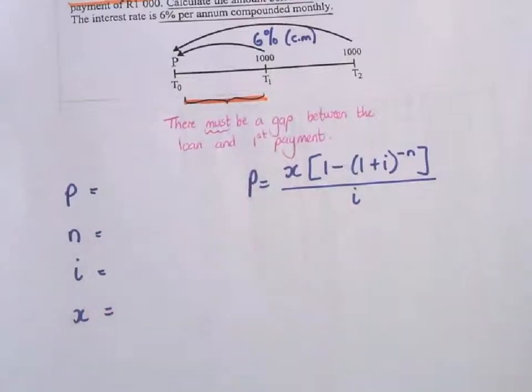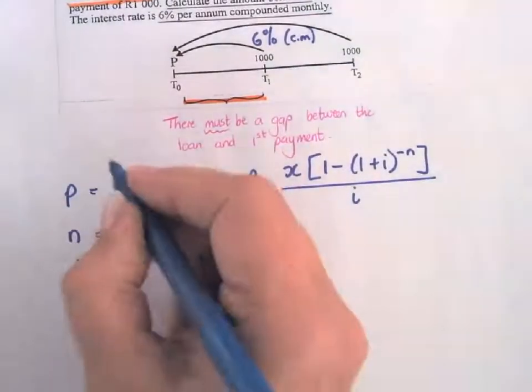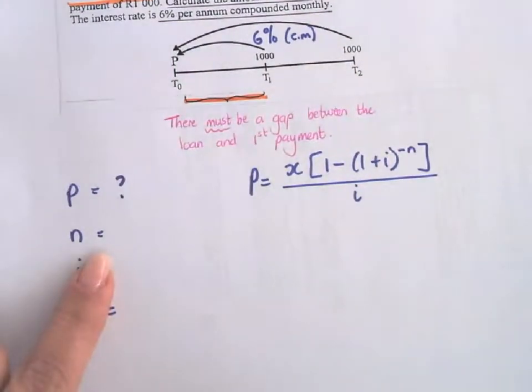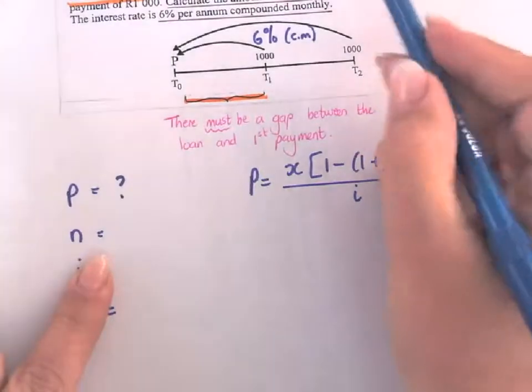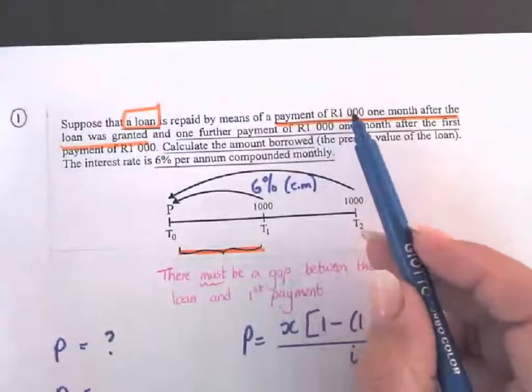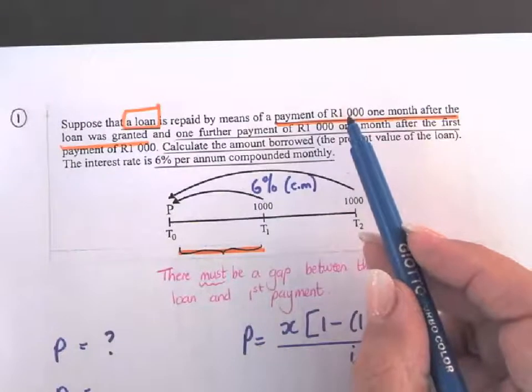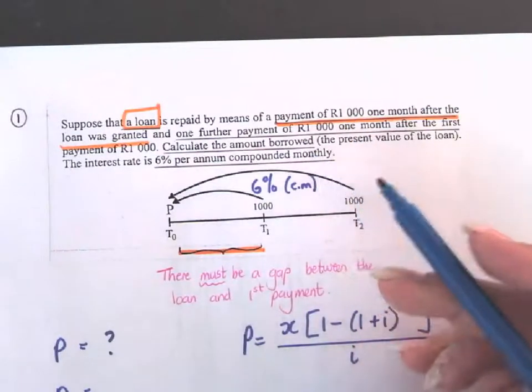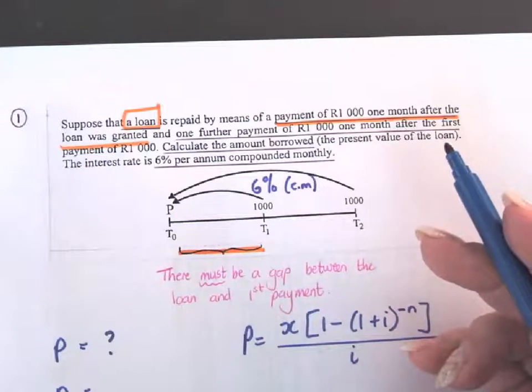And now we can fill in the values. P needs to be calculated. N is, they are only talking about 2 payments. One month after the loan is granted, and another payment a month after that. So this loan stretches over 2 months.